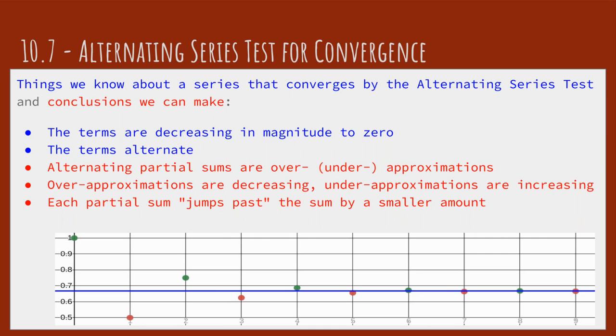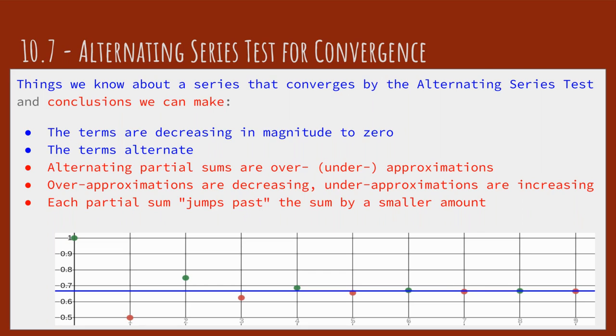So those are some things we know about an alternating series, and then conclusions that we can make. And again, these are things that we talked about already. To use the alternating series test, the terms have to decrease in magnitude to zero, and the terms have to alternate. Because of those two things, every other partial sum is going to be an over approximation. So all the green ones are over approximations, all the red ones are under approximations.